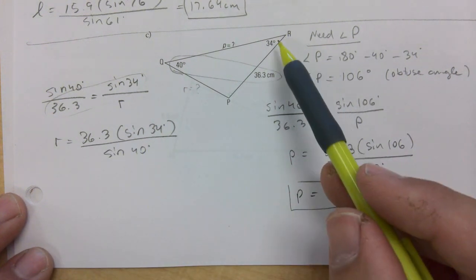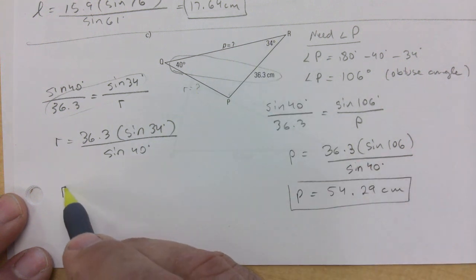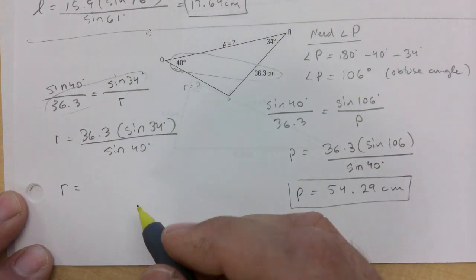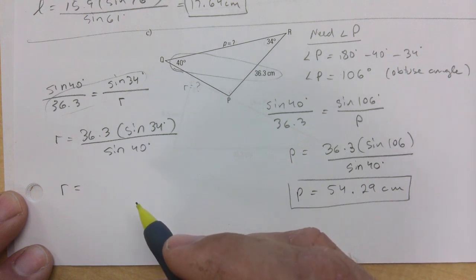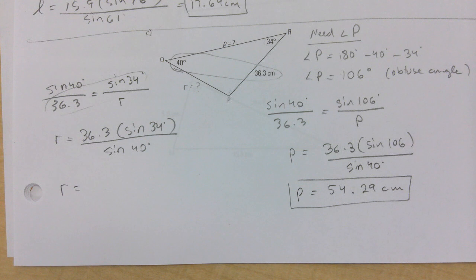And notice that it's the smallest angle, so we're expecting the shortest side out of this one. And I don't have this, so I'm going to have to calculate that. Okay. So that's 31.58.